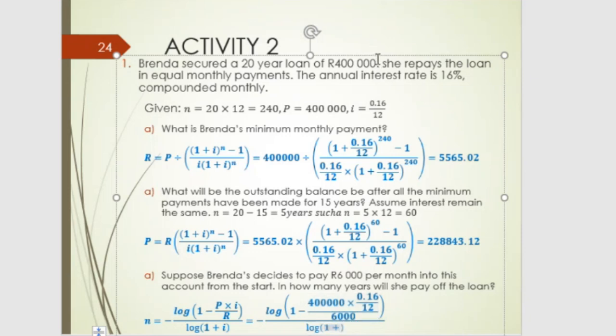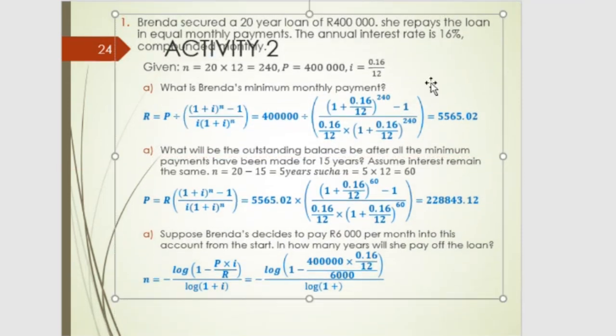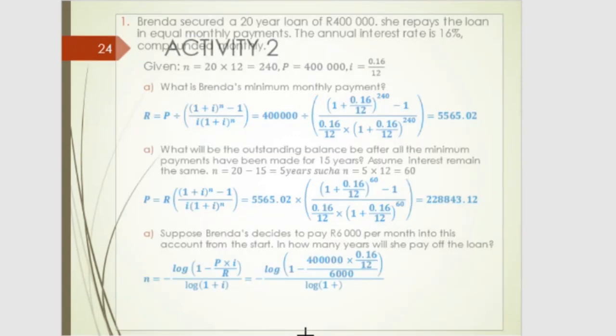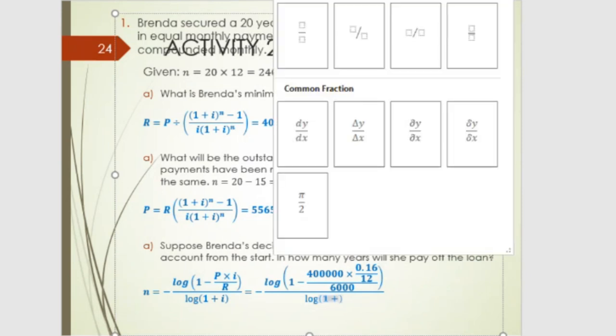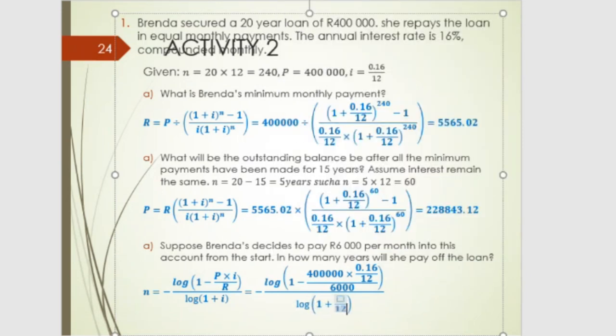Let me push this thing up. So here's 12, here's 0.16. All right, what would be the answer?